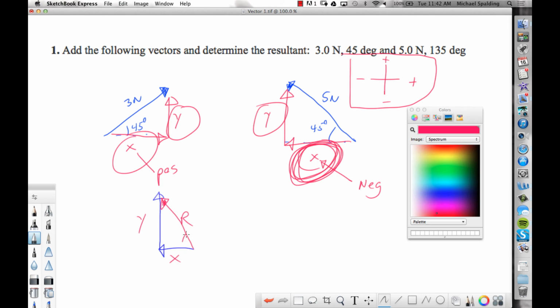And then solve for the angle with inverse trig: inverse tangent, opposite over adjacent. So you do it all mathematically. You don't need to measure things with a protractor. Just make it relatively close by eyeballing, but you don't have to be nearly as careful with your diagram as you do with graphical.